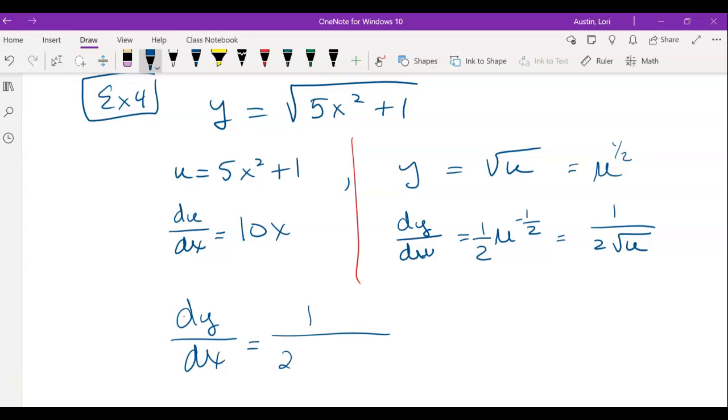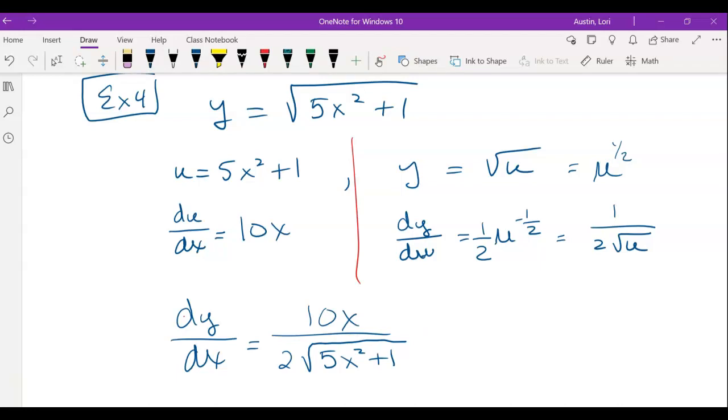As I'm writing it, it's not 1 over 2 radical u. What is u? Don't forget what u actually is. And what am I multiplying it by? Yeah, which is the derivative of what's inside, 10x. I don't like it there. I'm just going to put my 10x right there. Right?